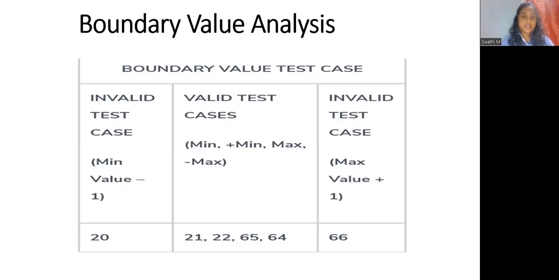The valid points you can see are 21, 22, 65, 64. If we give 20, less than what we considered, it will show invalid. If we give a value above the maximum which we considered, it will show invalid. If we consider between 21 and 65, then it will show valid test cases, right?